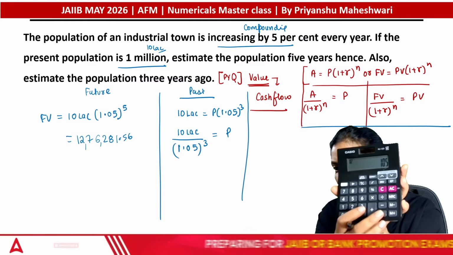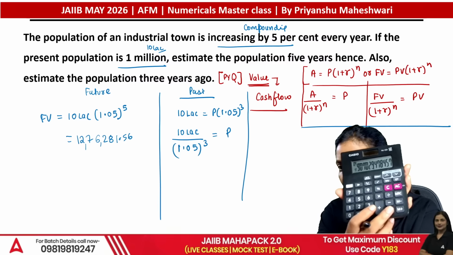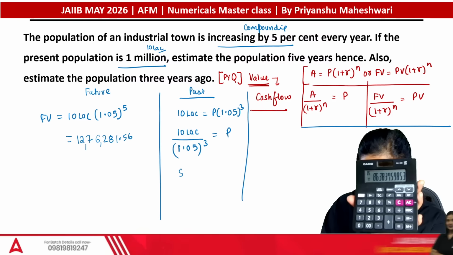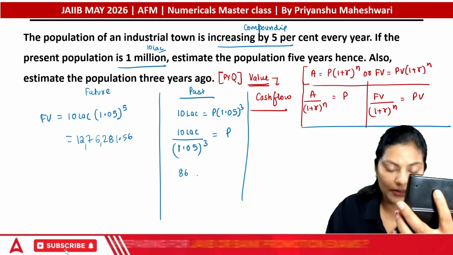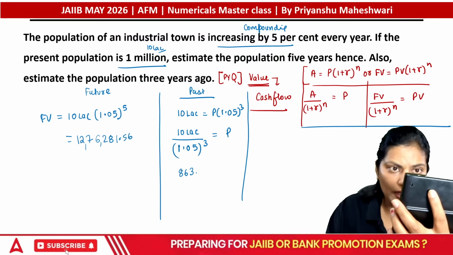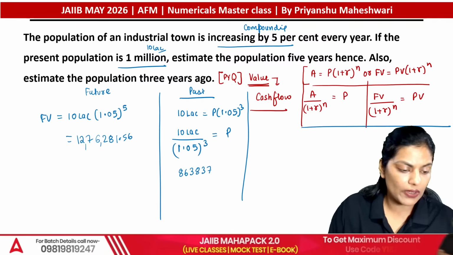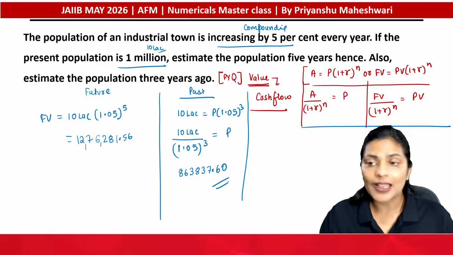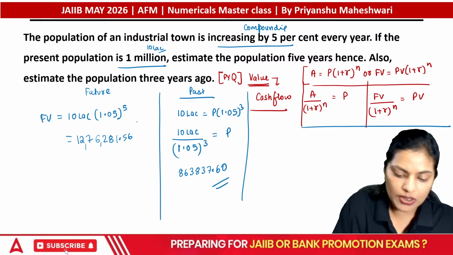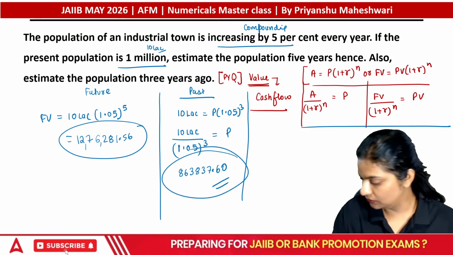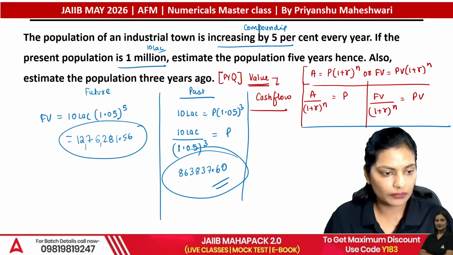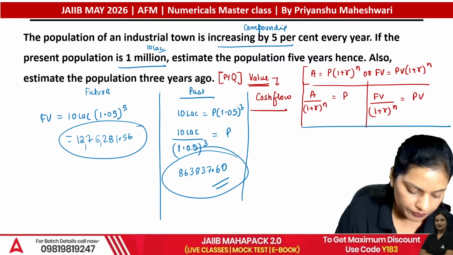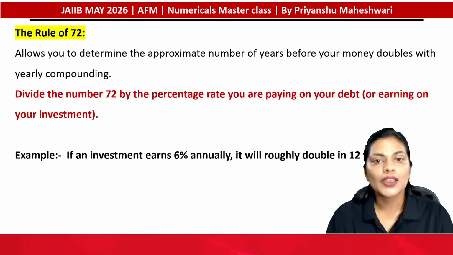Right. 1, 2, 3. 8 lakh 63,837.60. Correct? That's how you do compounding and discounting together. And you don't have to write so much of a story in the exam. Just do it directly.